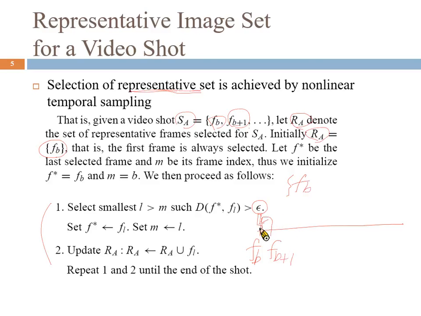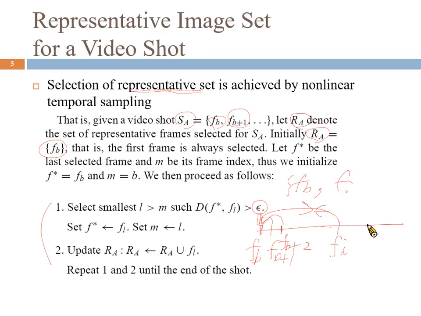But usually in a very short time, FB and FB plus 1 would be quite similar. So we keep going. We take FB plus 2 and compare the distance and so on. Maybe until some frame Fi, where the distance between Fi and FB is larger than epsilon, then we also take Fi as a keyframe.